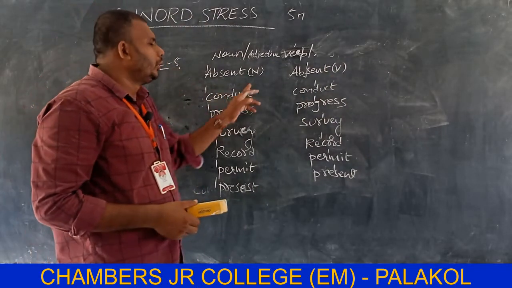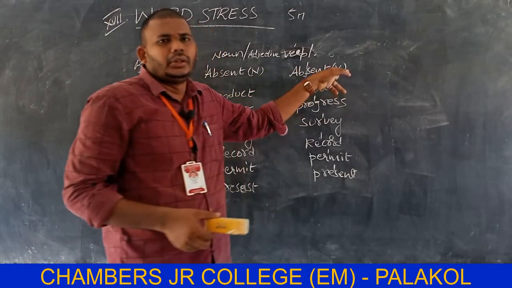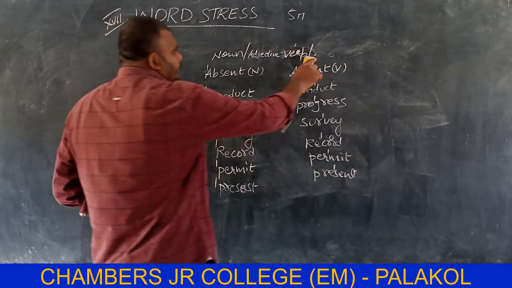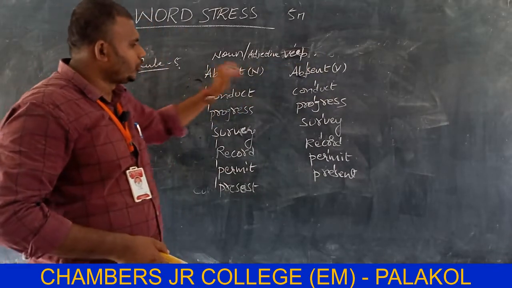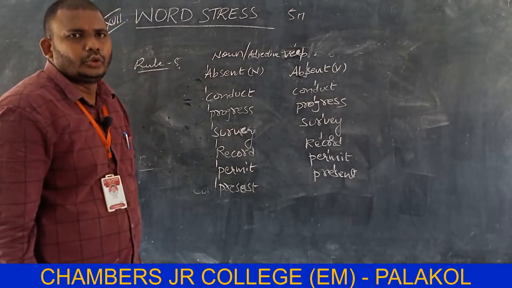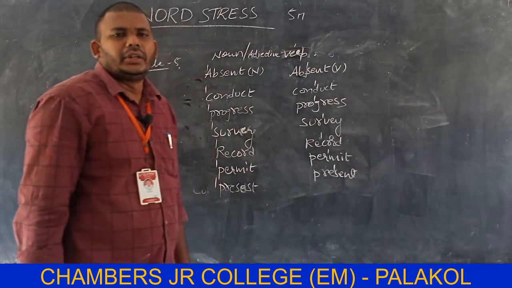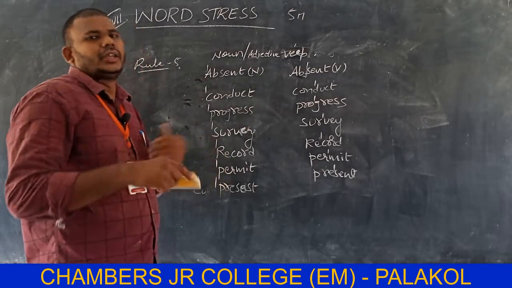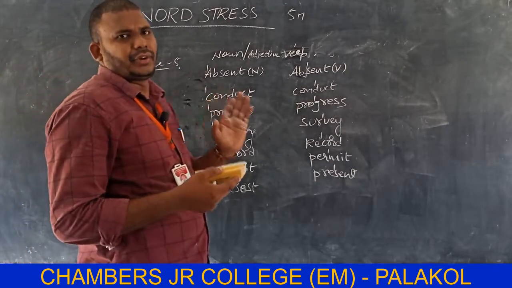If it is a noun, they put the capital N in brackets, or if it is a verb, they put V in brackets, right? So absent, absent. Conduct, conduct. Remember these words. They are very useful and we can have a clear idea of it. So note them clearly in your notes and read again. Got it? That is about rule number 5.